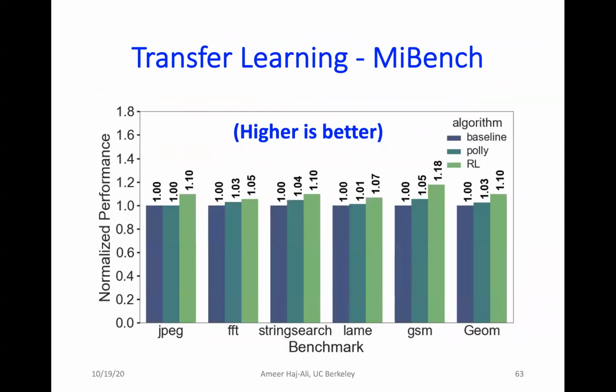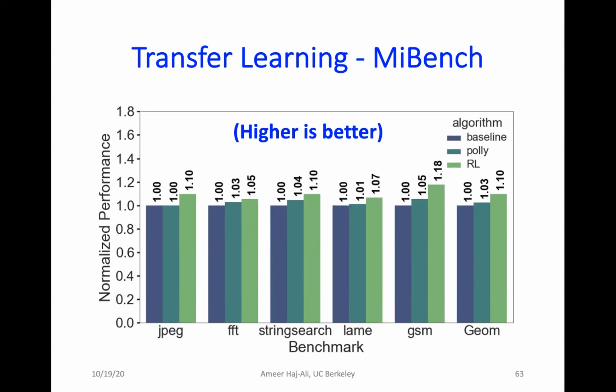Moving on to transfer learning, where we trained the model and then used it for inference. First we ran inference on MiBench, which is not highly vectorizable code. We just wanted to see that we don't deteriorate the performance of code that is not highly vectorizable. We compared it to Polly and the baseline, and here we were able to achieve roughly 10% better performance.